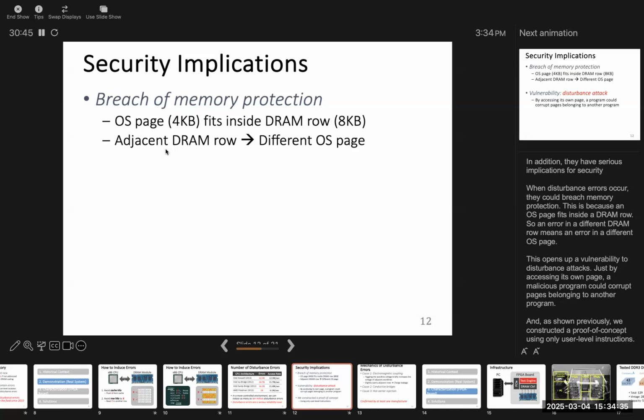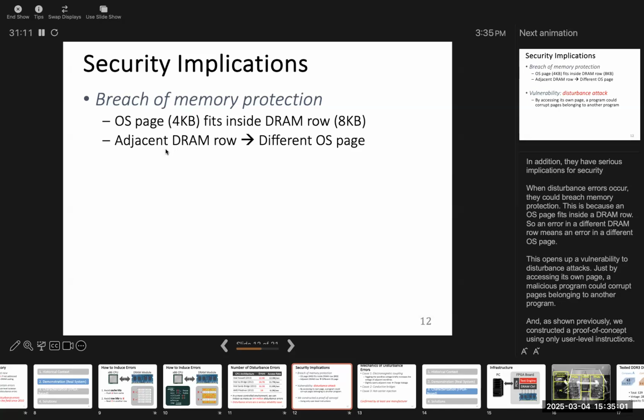So let's say this is a memory row of a memory bank, 8 kilobytes, and this 4 kilobytes contains the data of, let's say, process A, and this one contains the data of process B.